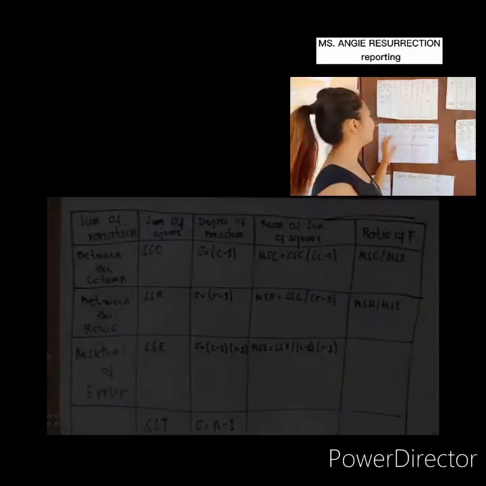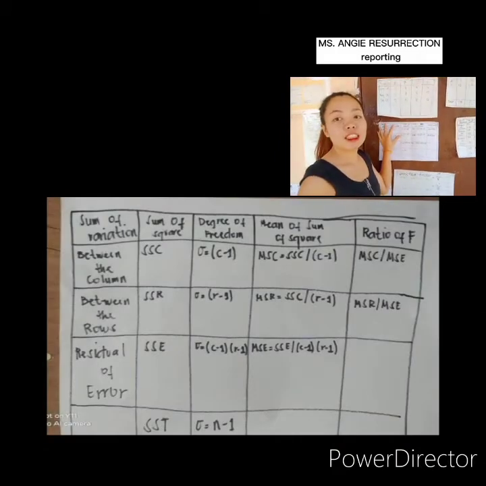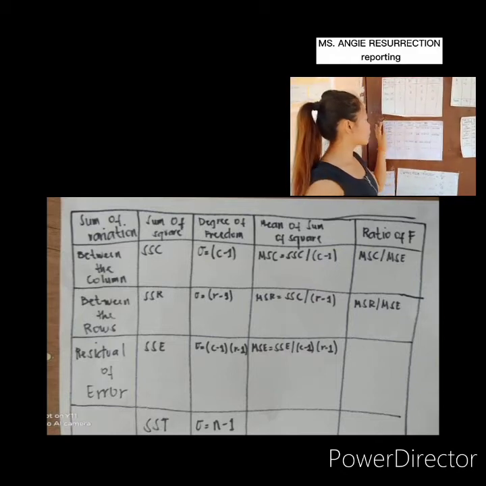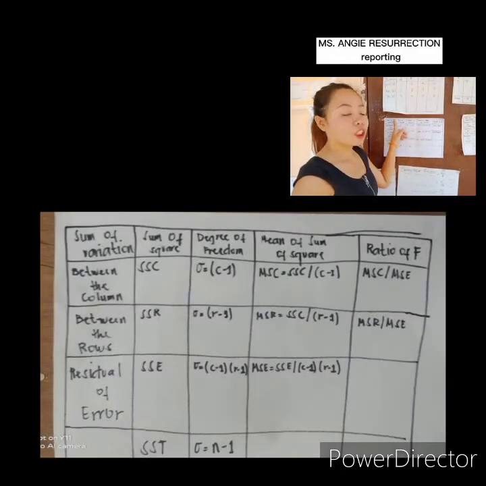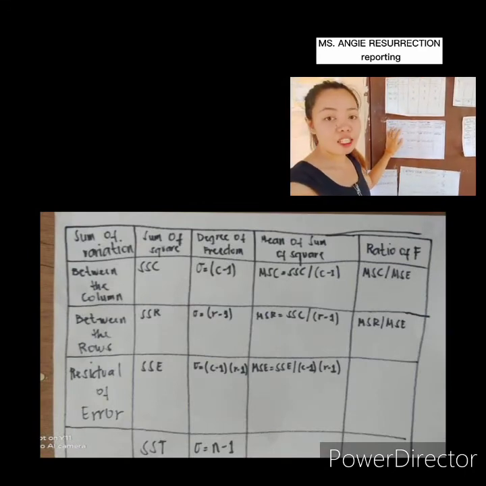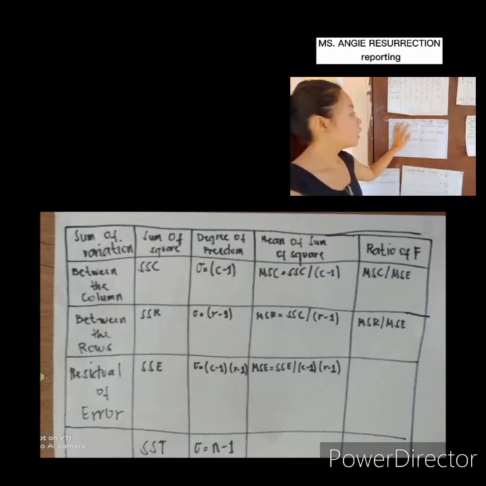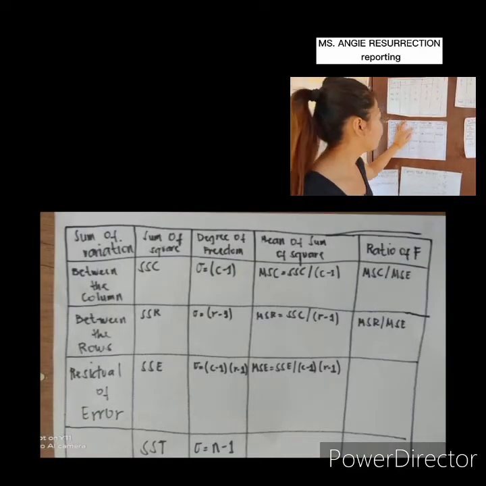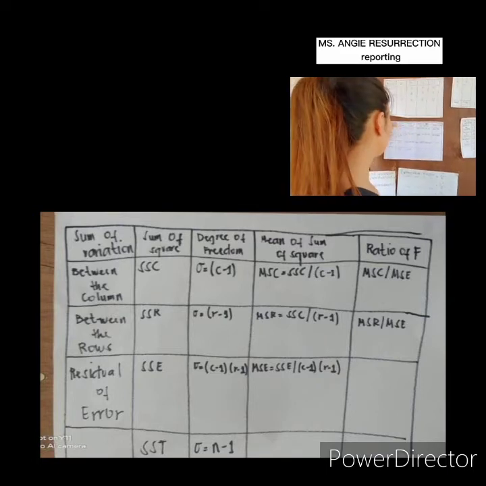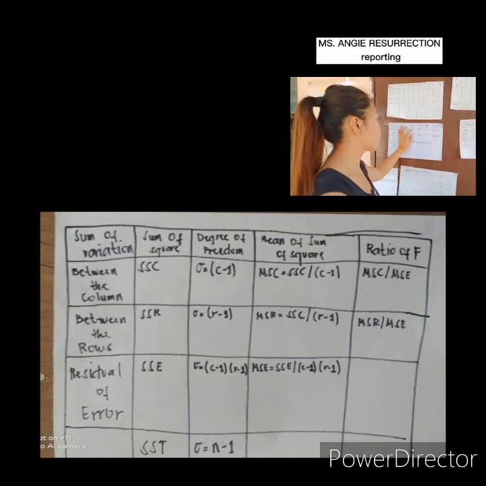So we have a table to calculate the F value for two-way ANOVA, and the table will be like this. Now, coming to the first column, the source of variation: between the columns, the sum of squares denoted by SSC. Then the degrees of freedom, denoted by nu, equals C minus 1.